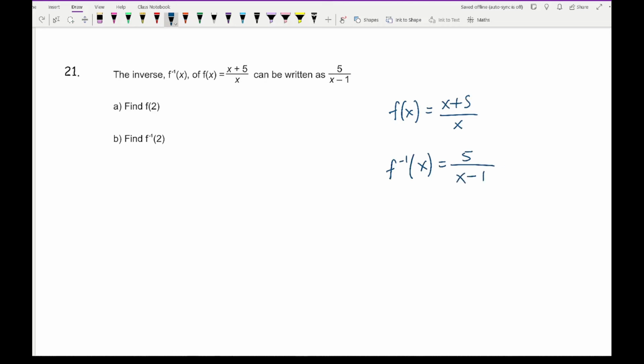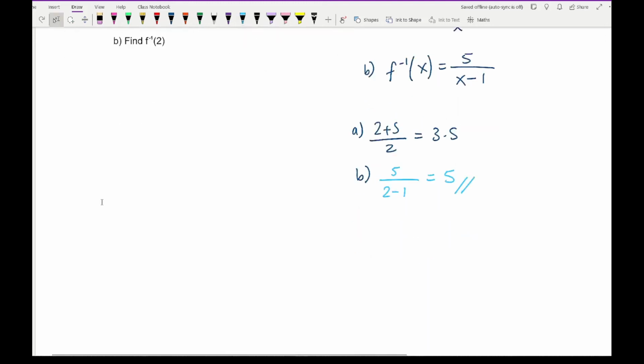For part a, I substitute x equals 2 into the first one, so I've got (2 plus 5) over 2, which is 3.5. And with part b, I'm substituting 2 into the inverse function, so I've got 5 over (2 minus 1), which gives me an answer of 5.